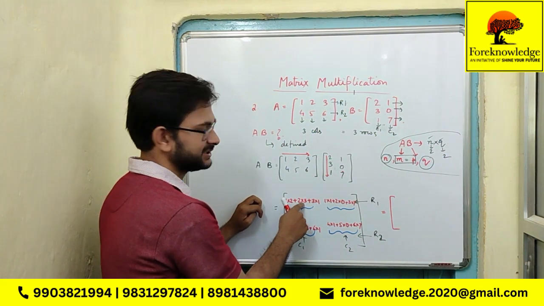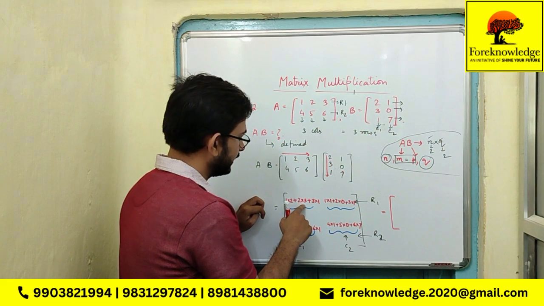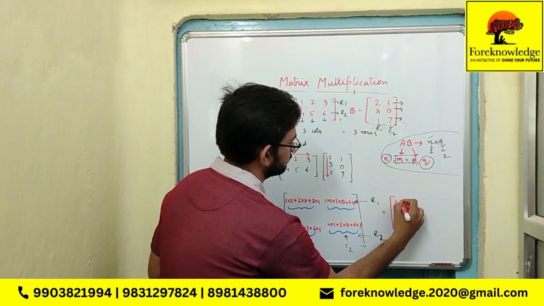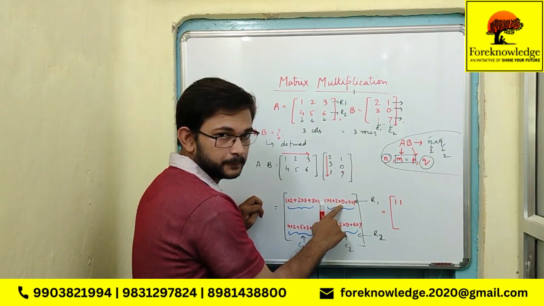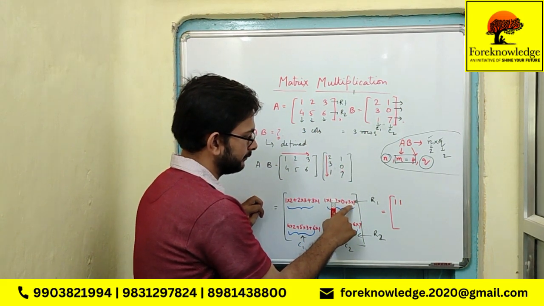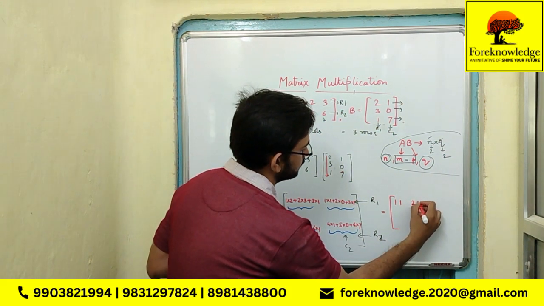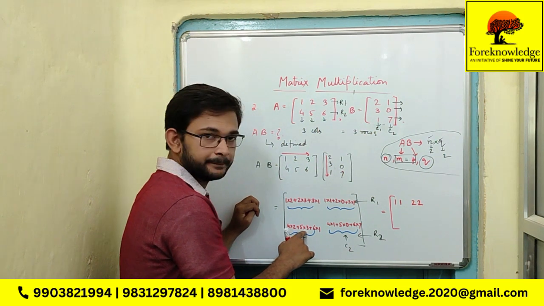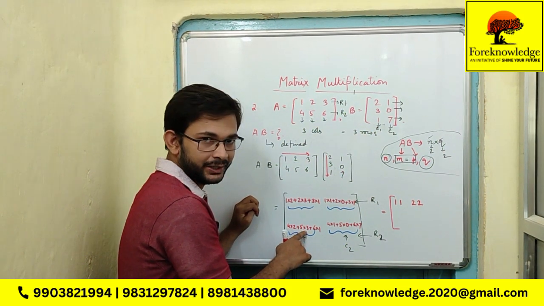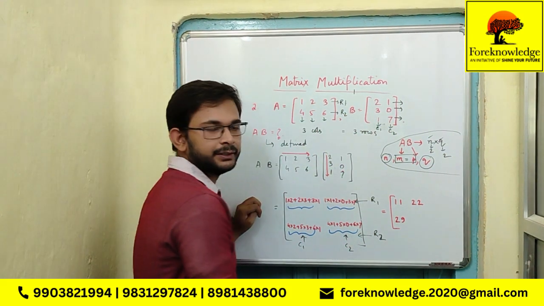2 plus 6 plus 3. 2 plus 6 is 8, 8 plus 3 is 11. 1 plus 0 plus 21: 1 plus 0 is 1, 1 plus 21 is 22. 8 plus 15 is 23, 23 plus 6 is 29.